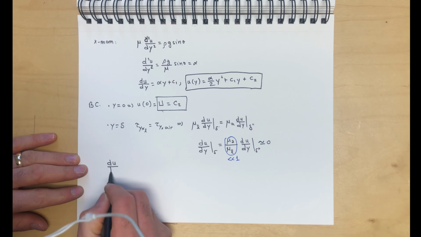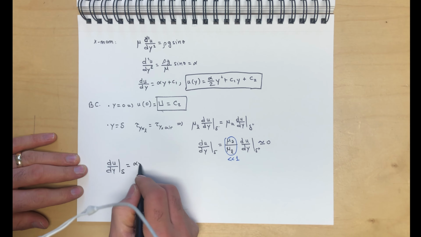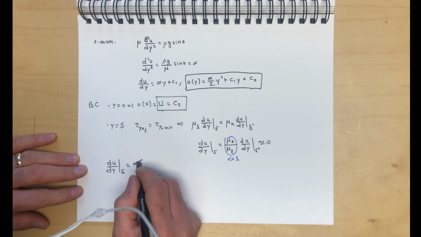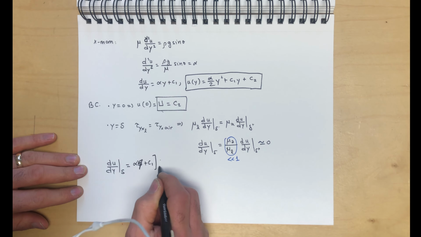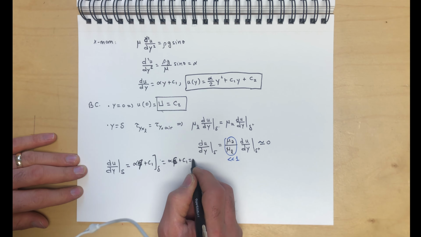So du/dy at delta is equal to alpha y plus c1 at delta, and that's equal to alpha delta plus c1 equal to 0.